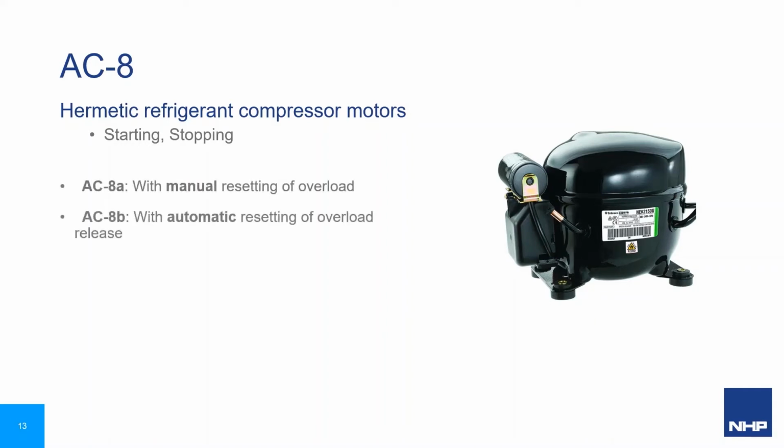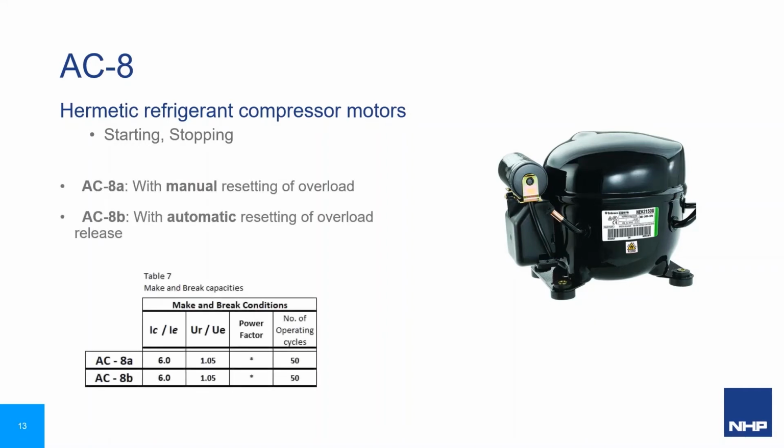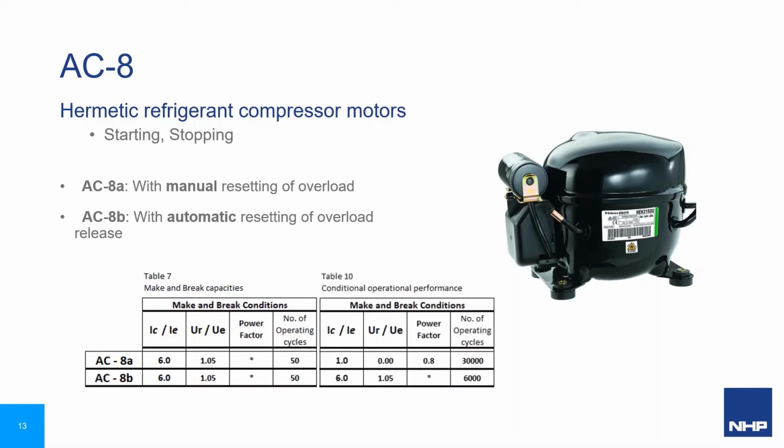This utilization category is for hermetic refrigerant compressor motors, in which the compressor and motor are integrated and housed within the pressurized gas envelope. The inrush and locked rotor currents are less than standard squirrel cage motors, so these utilization ratings have a lower making and breaking capacity.